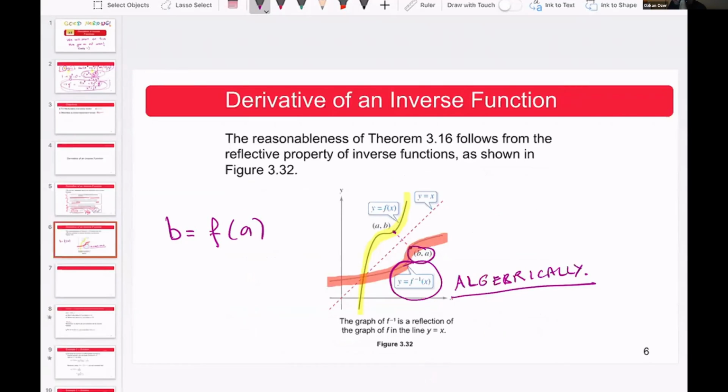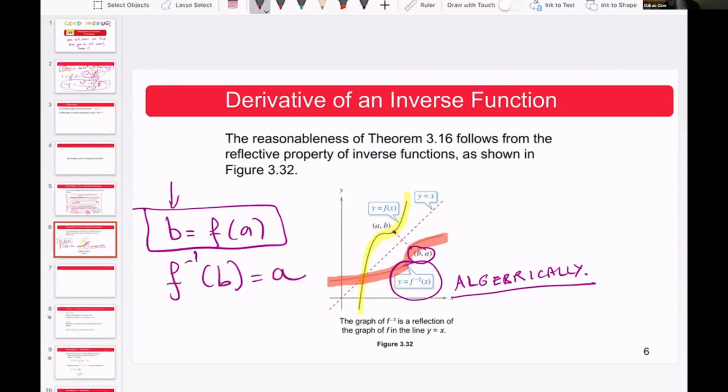So for the graph of f inverse, the point (B, A) is on that graph. Essentially, that means f inverse of B is equal to A. So if this is provided to you in some context, then f inverse of B has to be equal to A. This is also how you look at this.